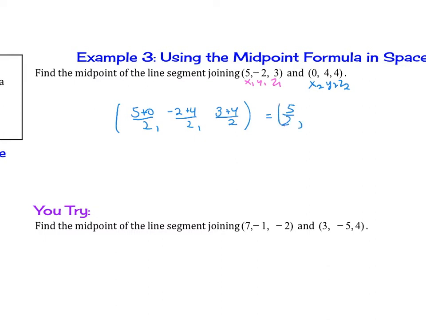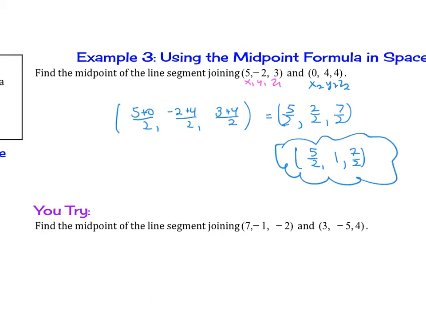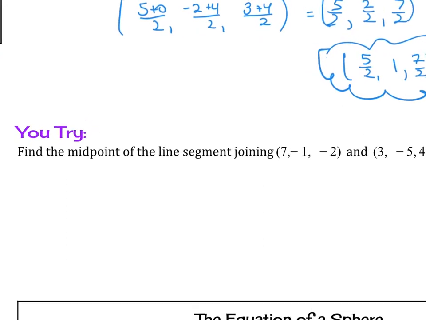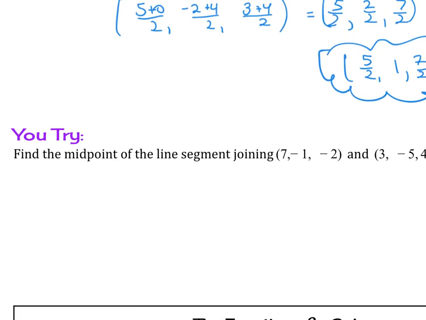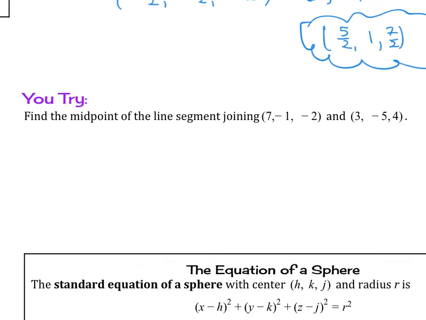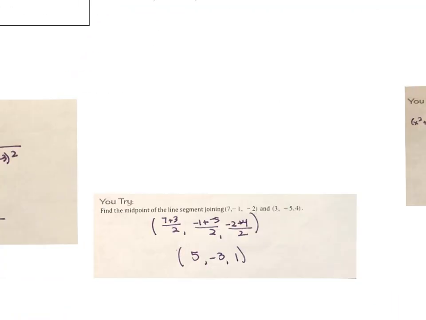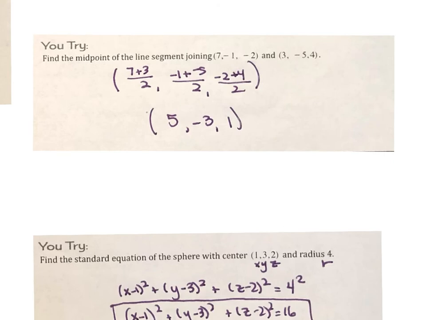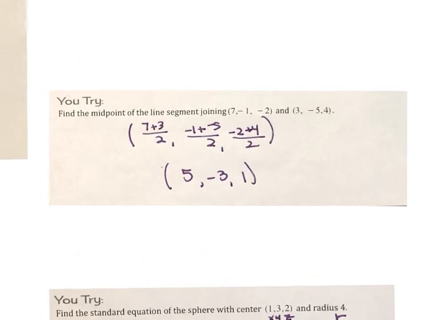Then we get -2 plus 4 is 2 over 2, and 3 plus 4 is 7 over 2. So to simplify, it's 5 halves, 1, and 7 halves is the midpoint of the line segment. So go ahead and try this next example. So trying this out, you should have gotten 5, -3, and 1.